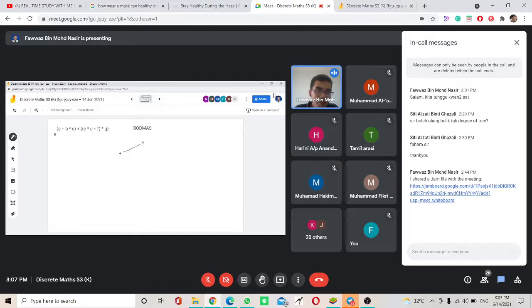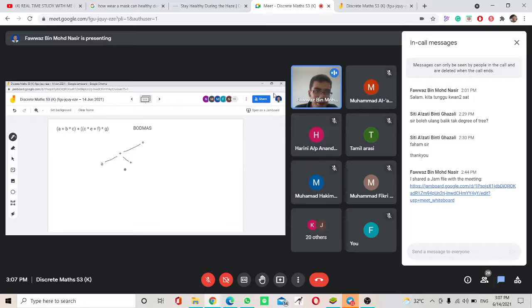Kemudian kita ada A kan. So kita just tulis A as the left child for plus. Kemudian kita ada B times C. Kita tulis times dekat sini, so just jadikan dia the right child of plus.